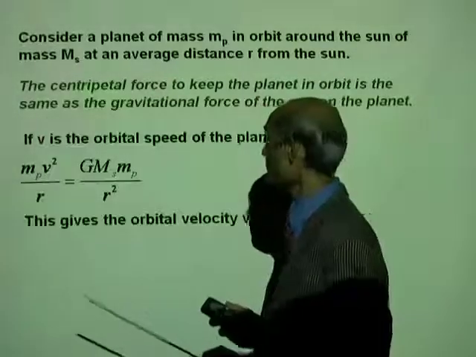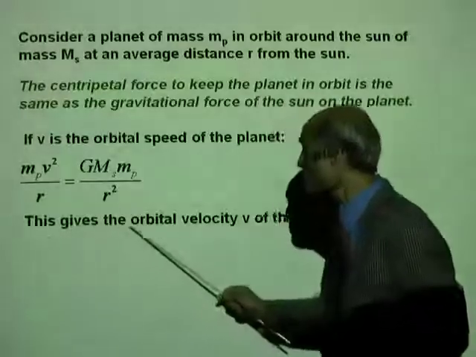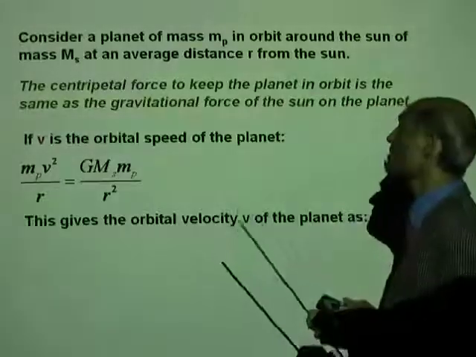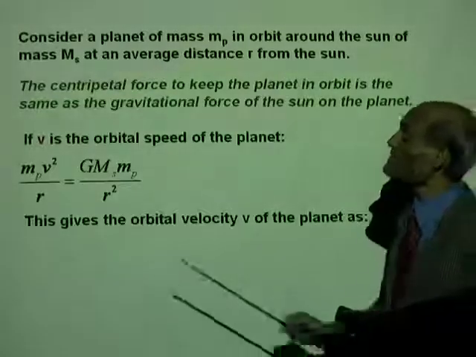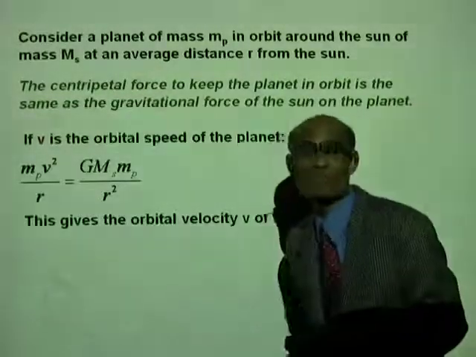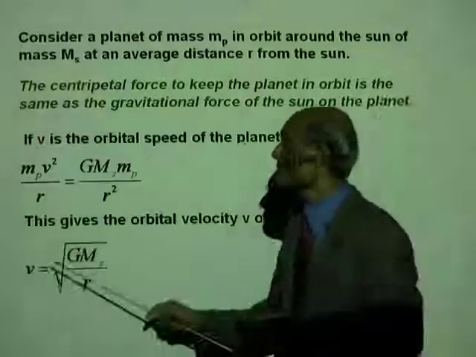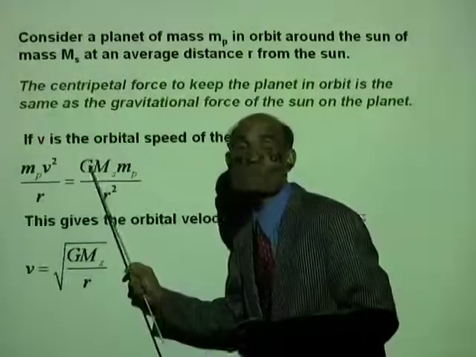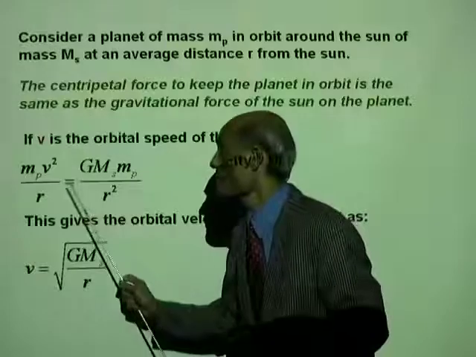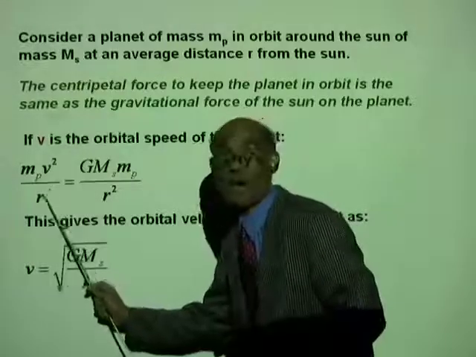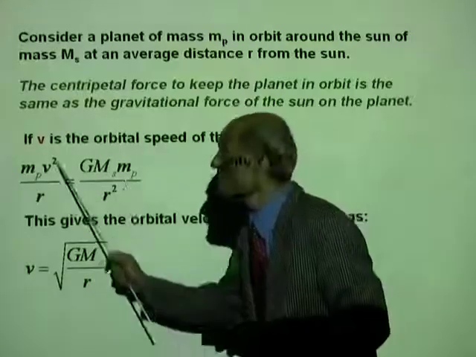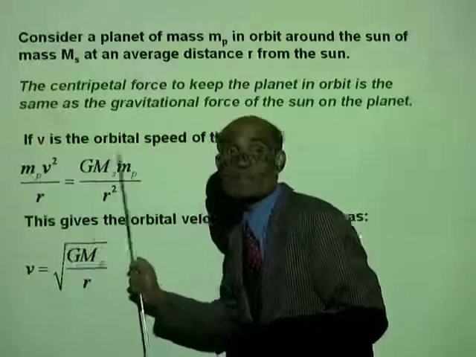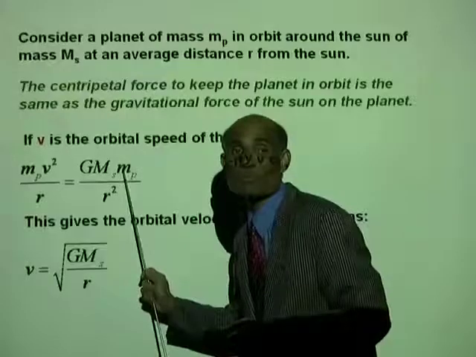Is that right? This gives the orbital velocity v of the planet. Can you obtain an equation for the orbital velocity v of the planet? V equals, I'm going to leave it for you to solve this. First of all, one r on the left will cancel with one r on the right. m p on the left will cancel with m p on the right.